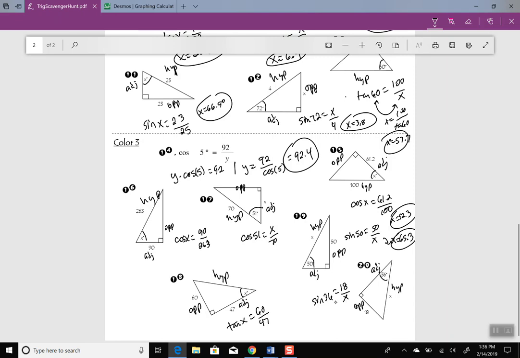On this one, again, same idea. I'm going to flip these two, so I'm going to do x equals 18 divided by the sine of 36, which gets me 30.6. Solving for the angle, so I'm going to do inverse tangent, 60 divided by 47, and I get 51.9.